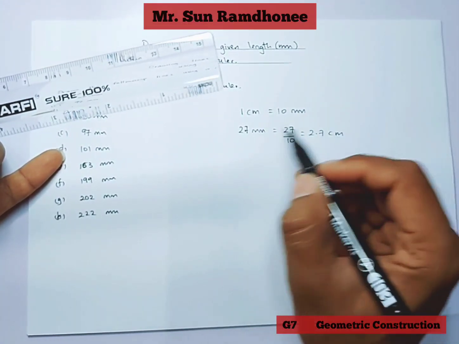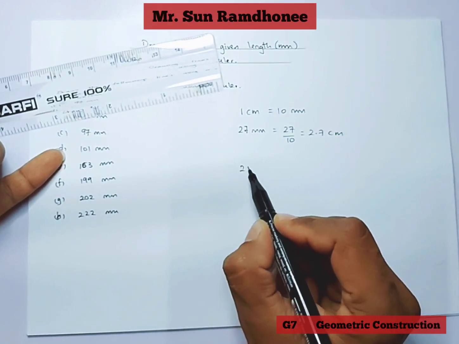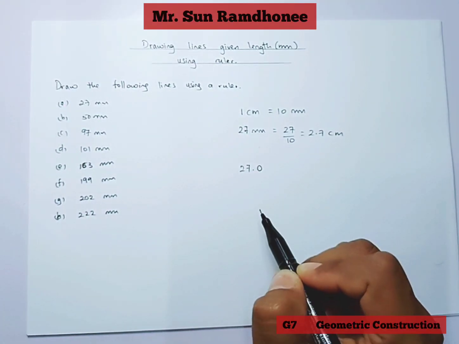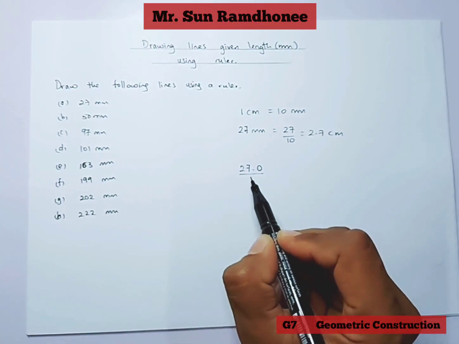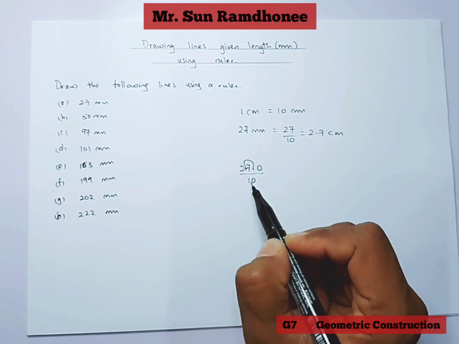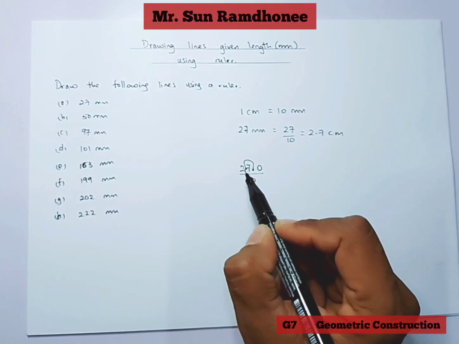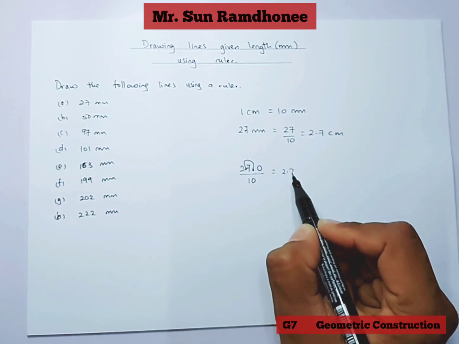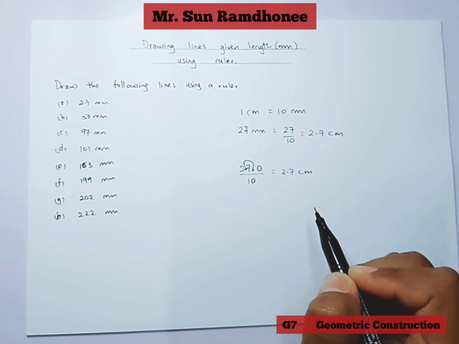One other way of doing this is that we write 27, we add a dot and 0, and then we divide it by 10, which would mean that the decimal moves here, and this would give us 2.7 centimeters.